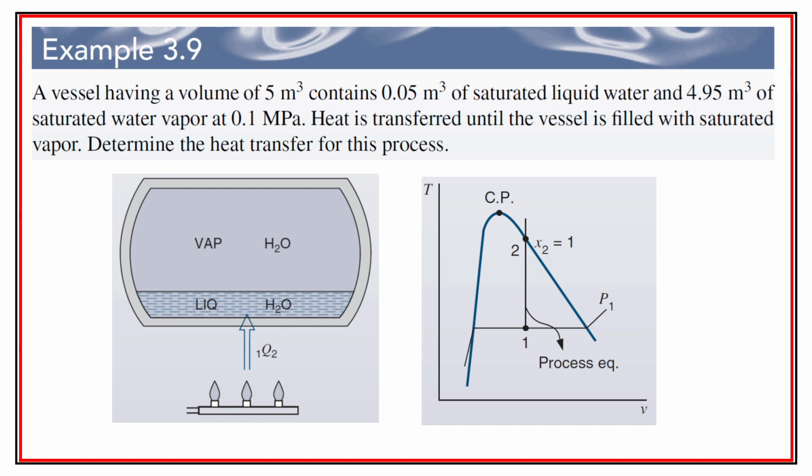Here is a vessel that has 5 cubic meters. 0.05 cubic meters of that is saturated liquid, and the remainder, 4.95 cubic meters, is saturated water vapor at 0.1 megapascals, so 100 kilopascals. Heat is transferred until the vessel is filled with saturated vapor, and we want to determine the heat transfer for this process.